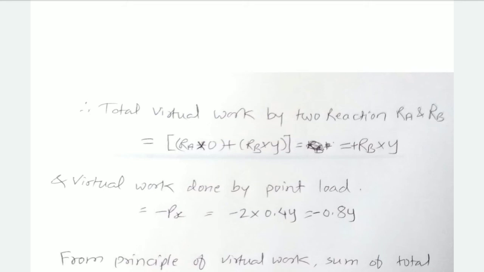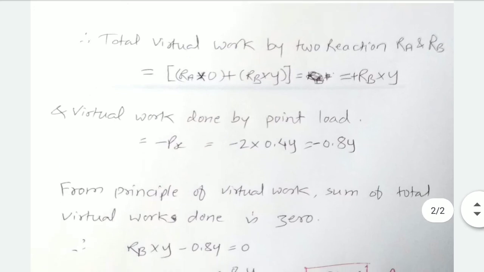Now the total virtual work by these forces: upward reactions are considered positive and downward forces negative. So the point load will be negative and the upward reactions RA and RB will be positive. Starting from point A, the displacement at RA is 0, so RA into 0 plus RB into Y. RA into 0 is 0, so the remaining is plus RB into Y, where Y is the vertical distance.